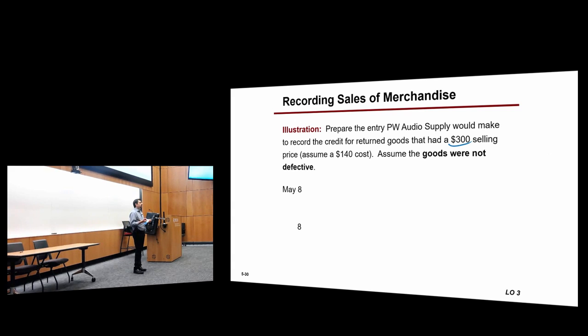Now, revenue has what kind of normal balance? Credit. So a contra revenue account would have a debit balance, right? Okay. So we know that this account has a normal debit balance. Did it increase or decrease in this case? It has increased, right? That's a negative account as far as revenue is concerned. So the company would debit sales returns and allowances, the amount from the sales price.